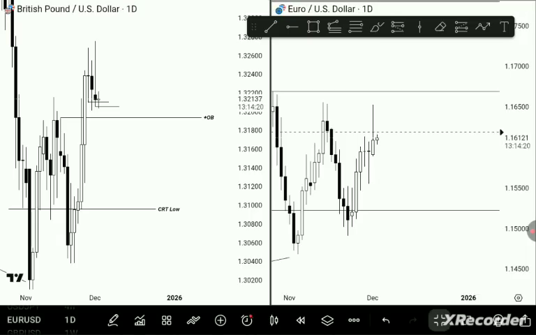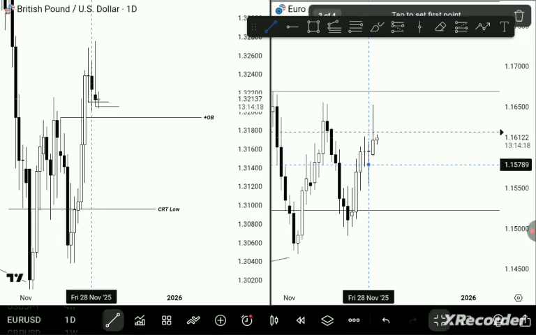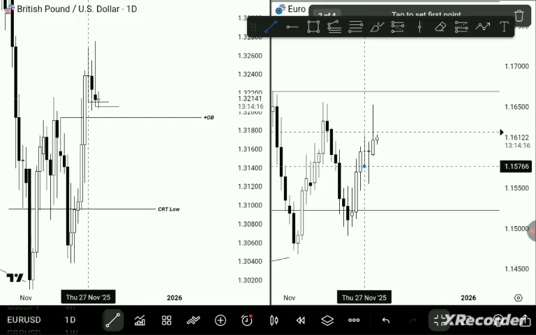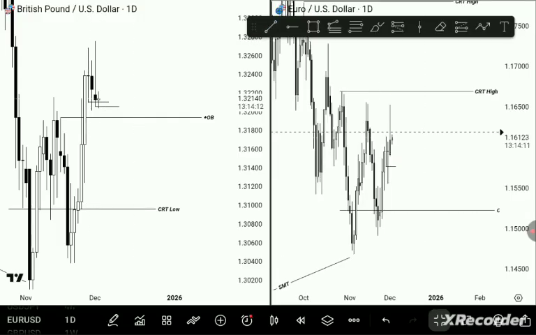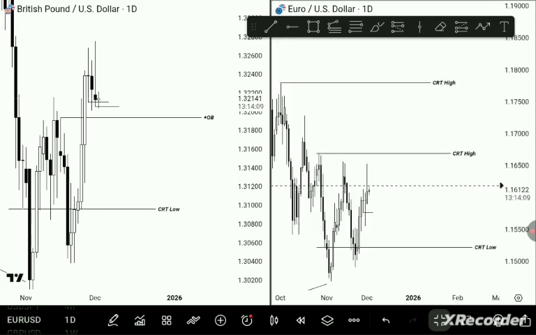Then here on Euro, you can see price has clearly been rejecting lows, filling everything and creating higher prices. And we also have a range framework, by the way.